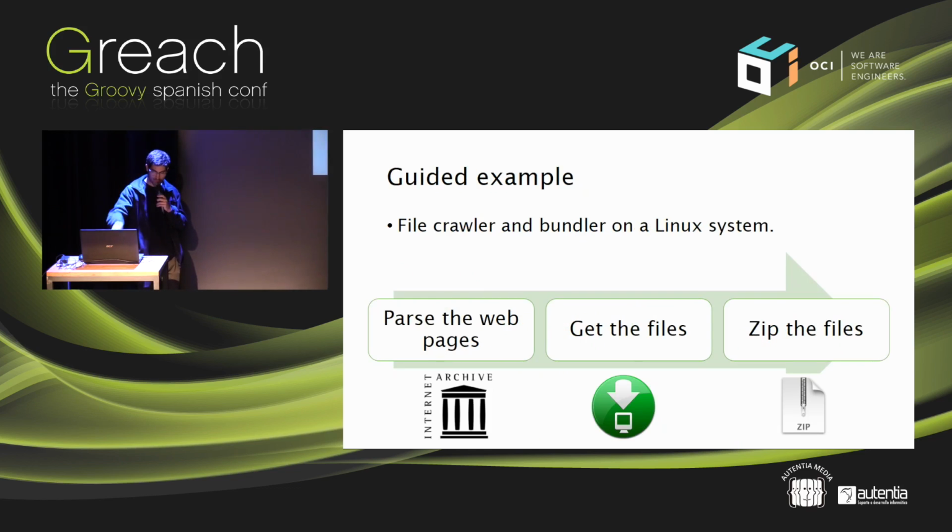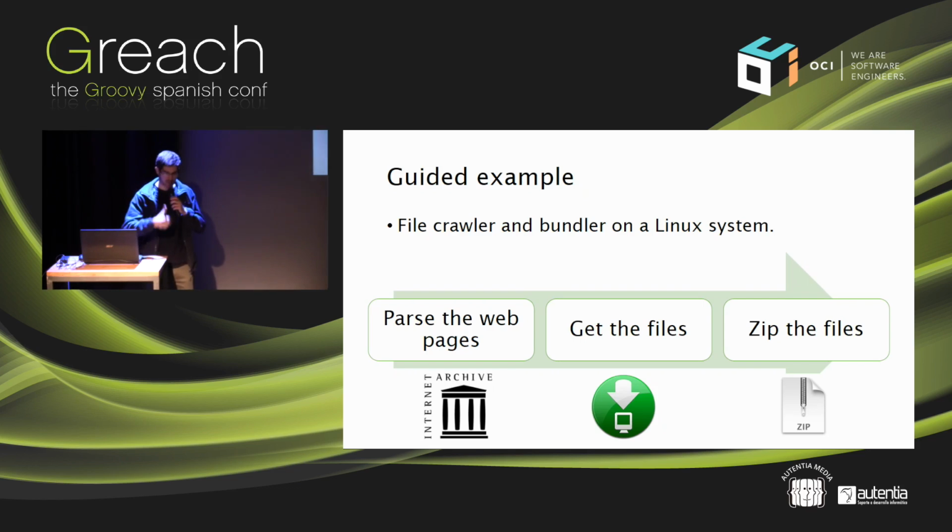So to explain the concepts and structure this talk, I will show you a practical example, which consists of a script that, first of all, will parse some web pages from the Internet Archive, a public digital library that has some files of public access.